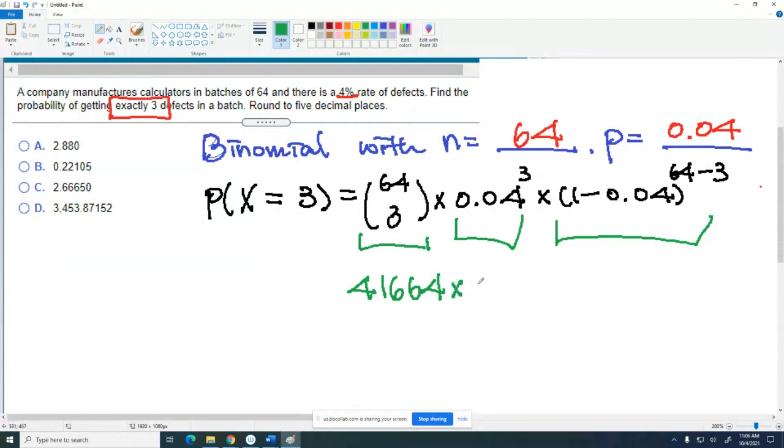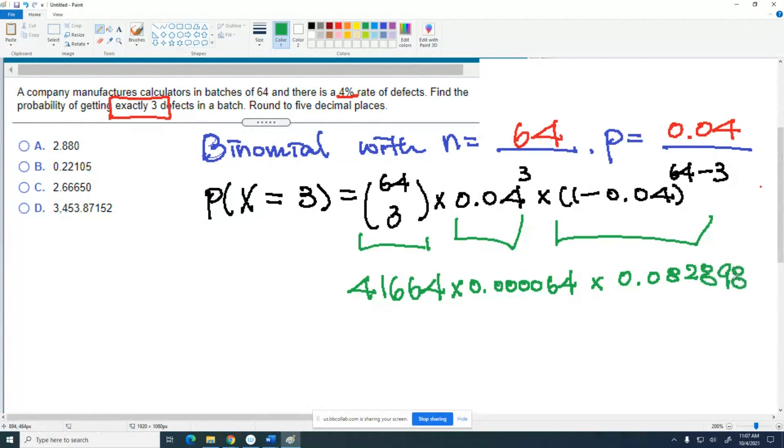And the second term, the probability of success, defectives, 0.04 to the power 3, is 0.000064. It is a very small probability. And the last one, 1 minus 0.04 will be 0.96, and the power is 64 subtract 3, which is 61. I have 0.082898.